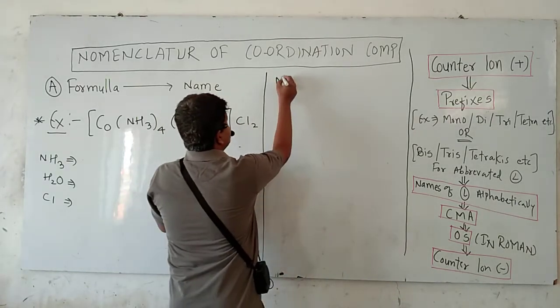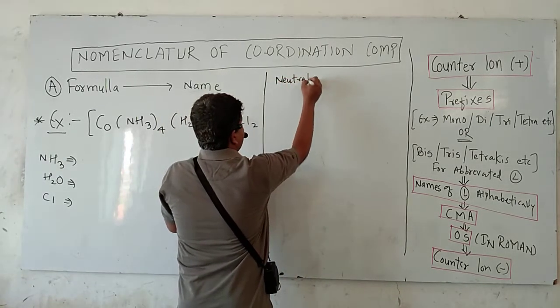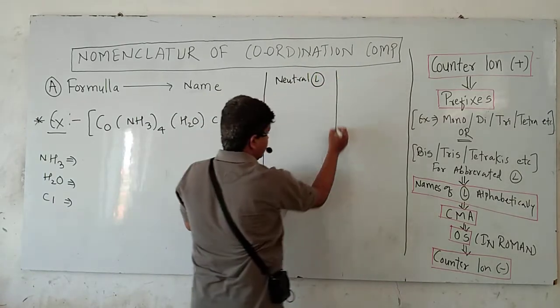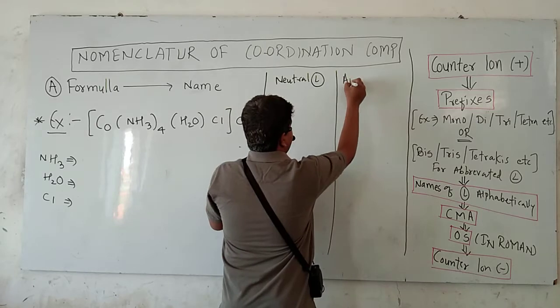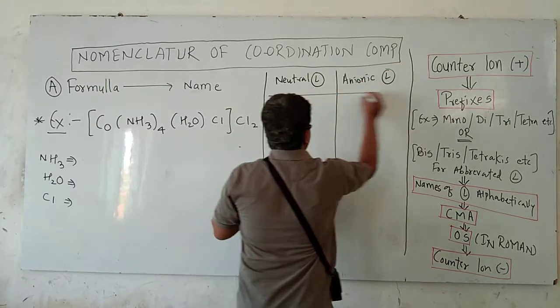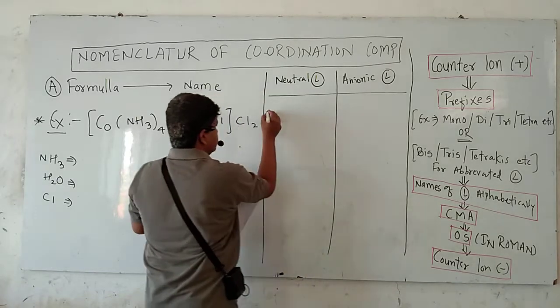So first I will write neutral ligands and then anionic ligands. Okay. Now which are the neutral ligands? NH3.